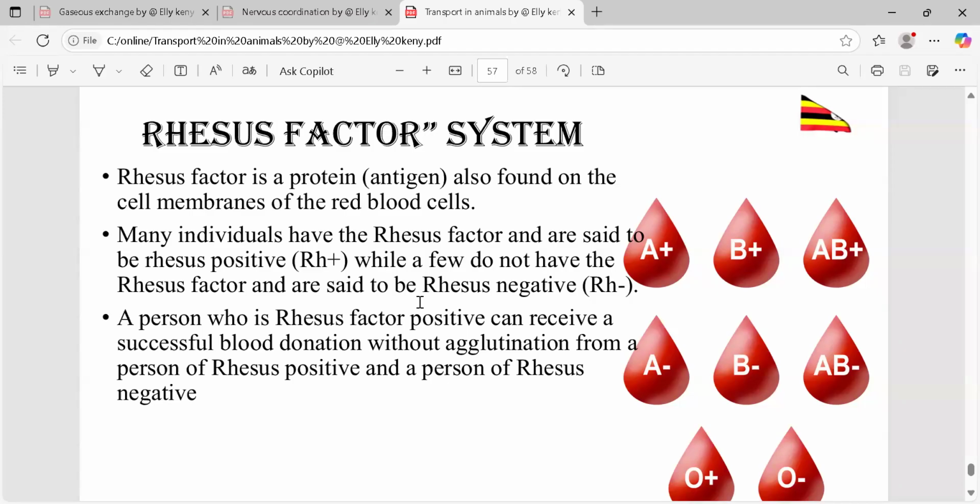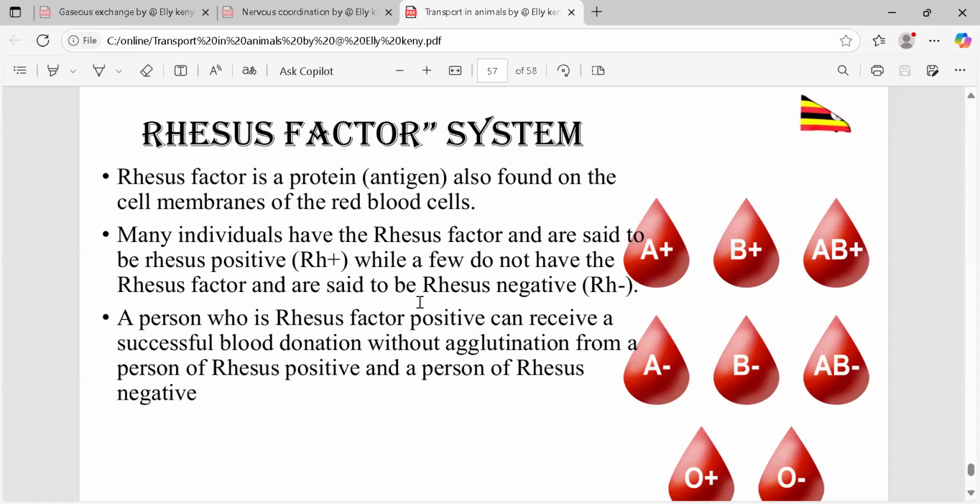I'll explain to you how it occurs. I'll use a scenario. For example, a mother can be rhesus factor negative and the father positive, meaning his sperm cells also have the positive marker on the cell.